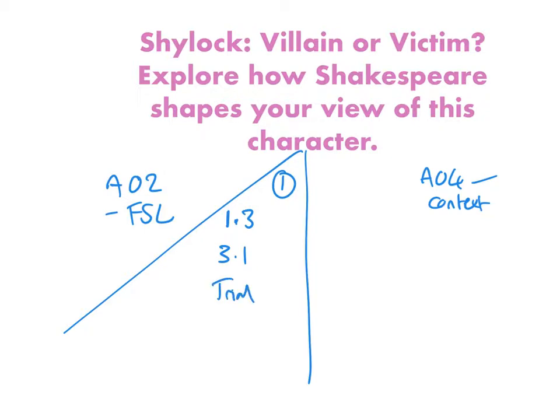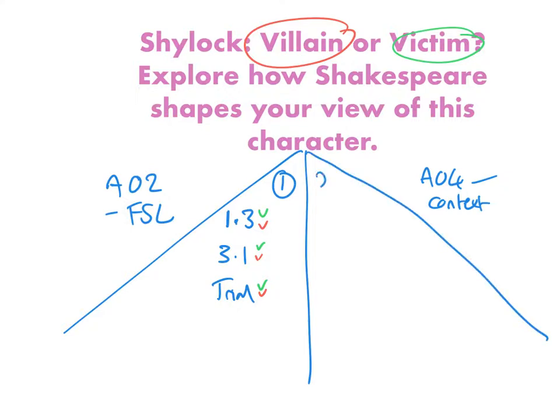And in all three of these paragraphs, you would consider both sides of the question, whether Shylock is a villain or a victim. And that way you can analyse and consider how there are different interpretations to a particular scene.